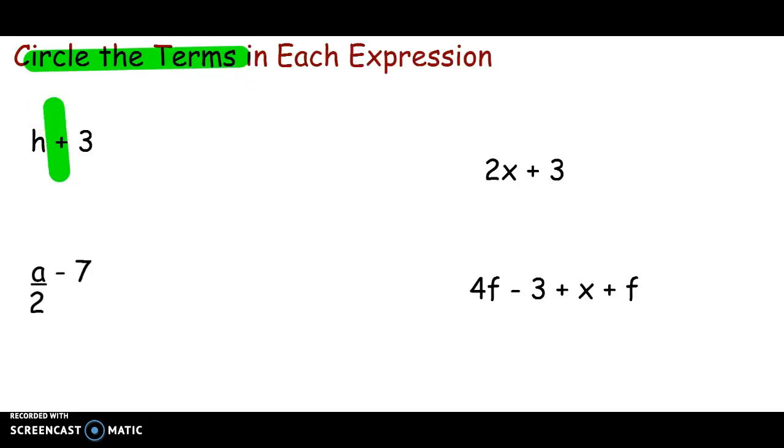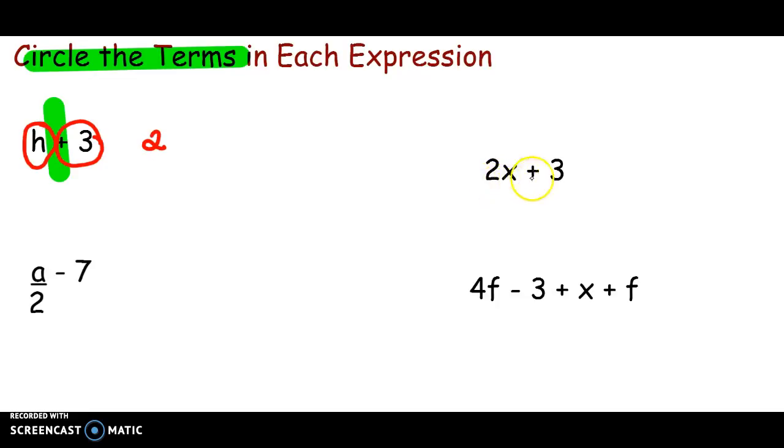They tell you to stop there and then circle everything to the left and right of it. You take the sign with the letter or number. So H is going to be my term, and plus 3 is going to be my term. So there's two terms in that expression.